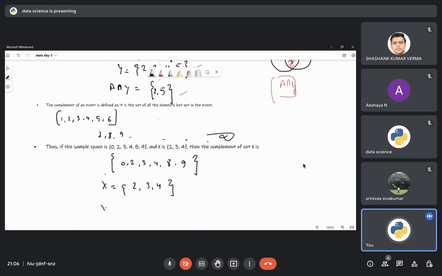Then if I tell you the complement of x, what will that be? Remove this 2, 3, 4. Then 0, 8, 9. Any doubt in this? How to calculate the complement?